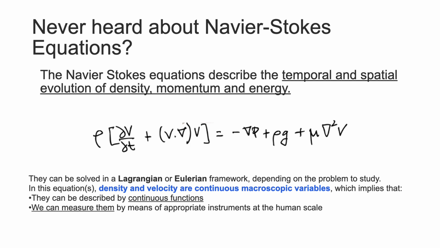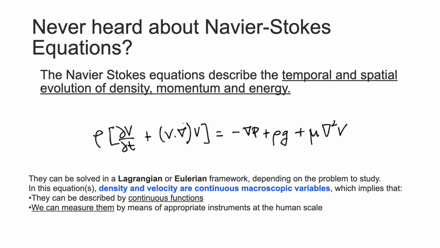So if you have never heard about the Navier-Stokes equations, well, let me refresh your memory a bit. The Navier-Stokes equations are the most famous equations in fluid dynamics. They describe the temporal and spatial evolution of density, momentum, energy, and they are what basically are used to calculate everything in the traditional CFD solvers.